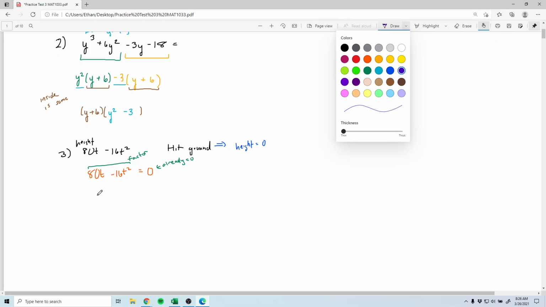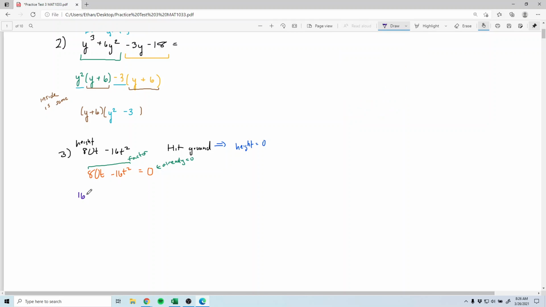So we take out the common factors. 80 and 16 have a 16 in common. T and t squared also have a t in common. We can factor out a 16t. When we do that, we've got 80 divided by 16 is 5, and the t is gone. The first term is just 5, minus 16 divided by 16 removes that entire thing. And when we take a t out of t squared, we're just left with a single t.